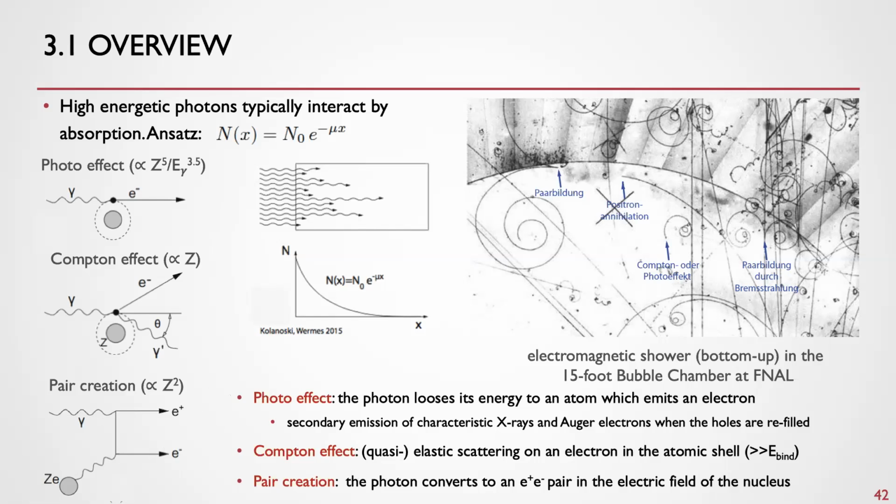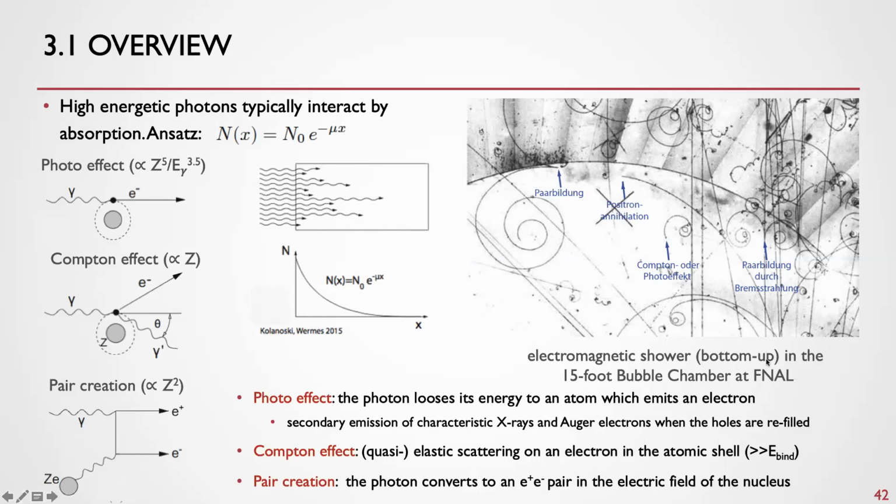So we have, in summary, the photo effect with secondary emissions of electrons. Then there's also the Auger electrons and everything that's relevant for quantum mechanics of ions. Then we have the Compton effect, the simple quantum mechanical process interacting here just with the contribution from the individual elastic scattering events with the electrons in the shell, and finally pair creation.